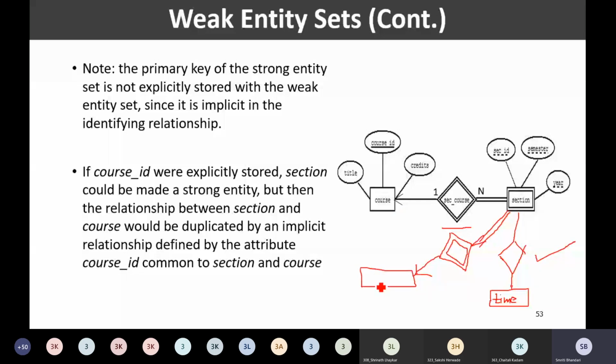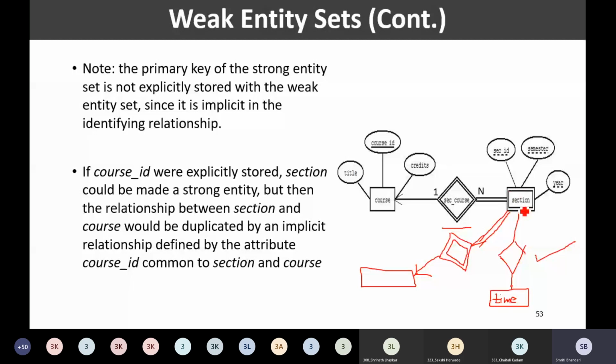So what do I mean by that? See here, I am having one more entity set, which is a strong entity set, right? So it may happen that the weak entity set is associated with more than one strong entity set.